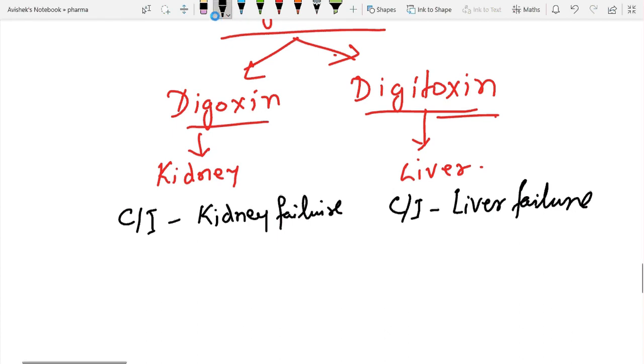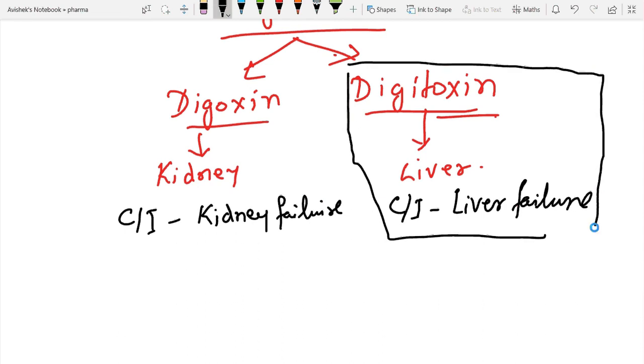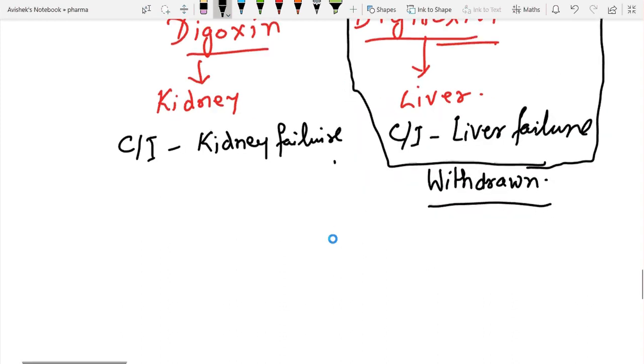Now this digitoxin drug has been withdrawn from the market. Digoxin is still in use.